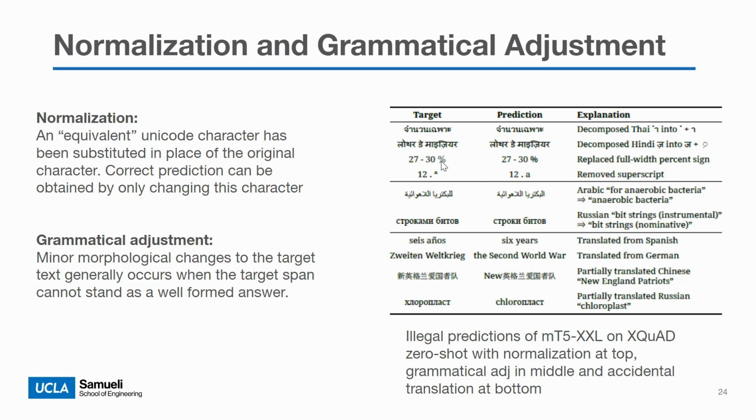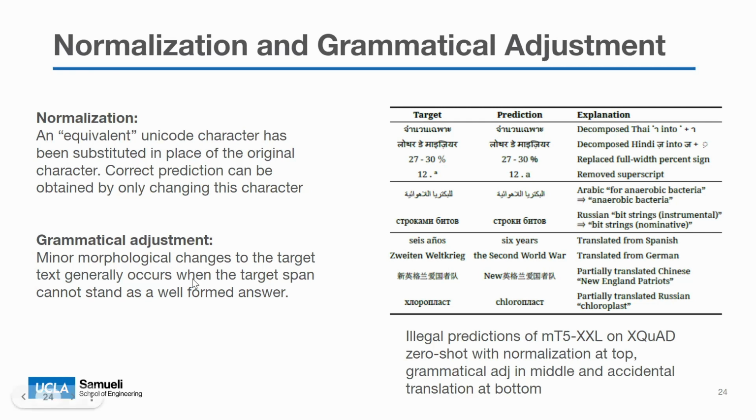You can see in the top right-hand corner that a percentage sign is replaced by a full-width percentage sign, and a superscript A is replaced by a normal script A. So in normalization errors, this can be converted to true targets by just changing a single character.